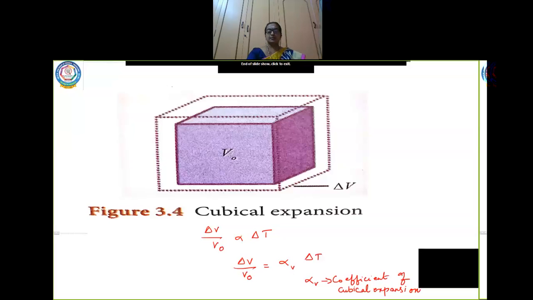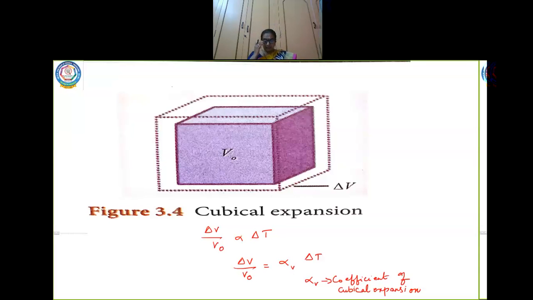Okay, so these are some of the formulas, and in your textbook page number 35, there is a tabular column, children, which talks about the coefficient of cubical expansion of different materials. They have given five materials: aluminium, brass, glass, water, and mercury.